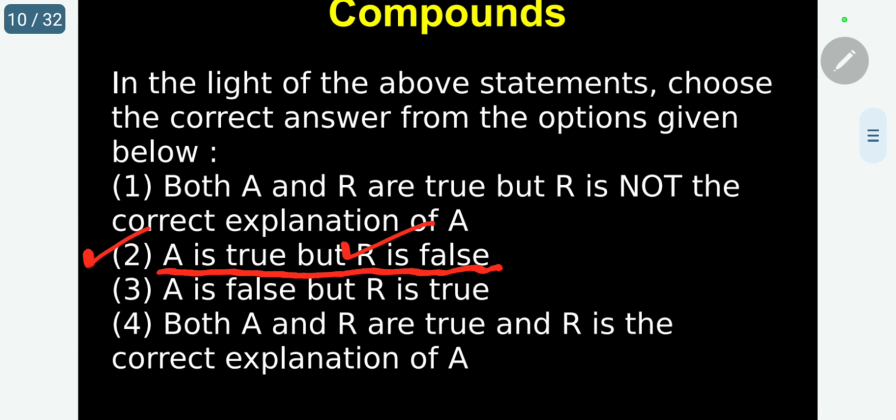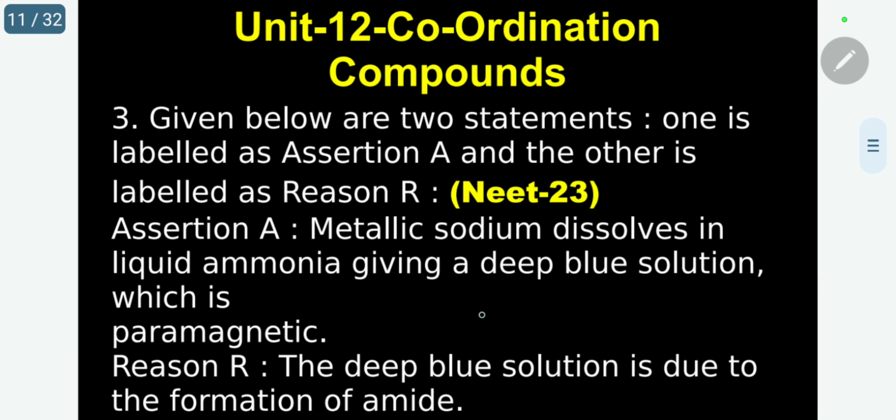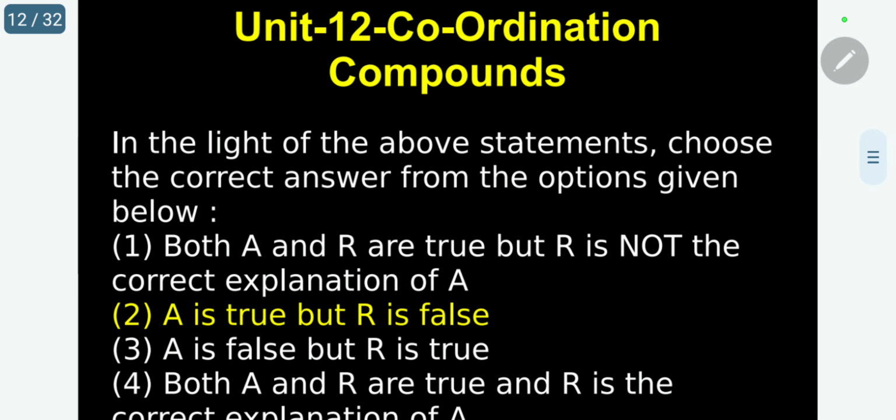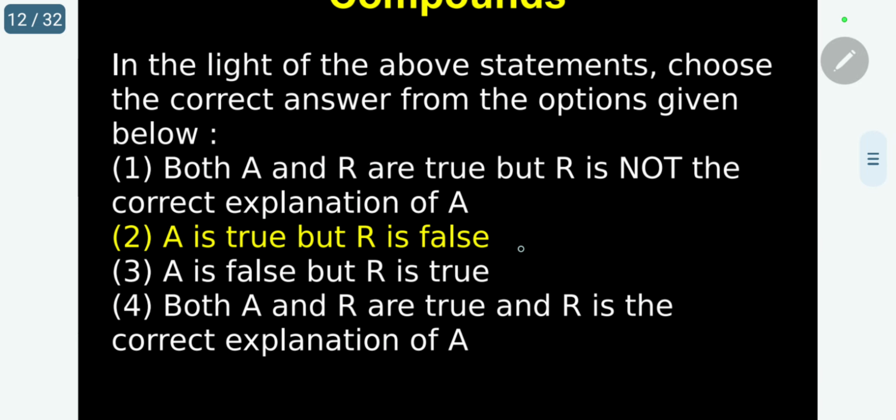A is true, but R is false. What is A? Metallic sodium dissolves in liquid ammonia to give a deep blue solution because it is solvated by ammonia molecules, the solvated electron giving the blue color. Whereas the statement that the deep blue solution is due to the formation of amide is wrong. It is false. Kindly follow. So, this is the correct answer.